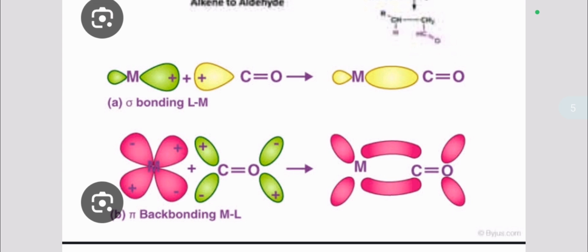Because the ligand donates the sigma electron to the central metal atom, and the central metal atom donates the pi electron to the ligands. That's why we call it sigma bonding and pi bonding. Pi bonding is also called back bonding.